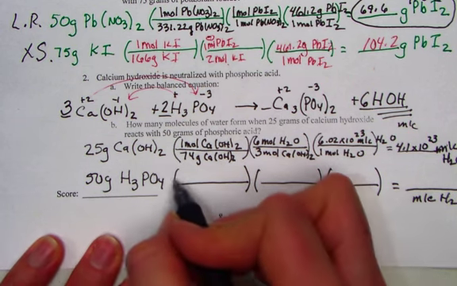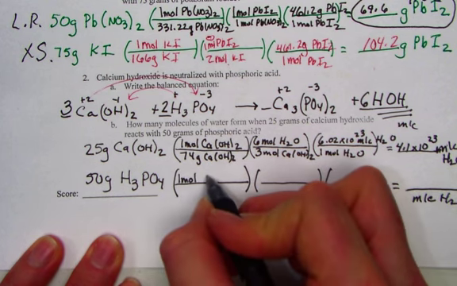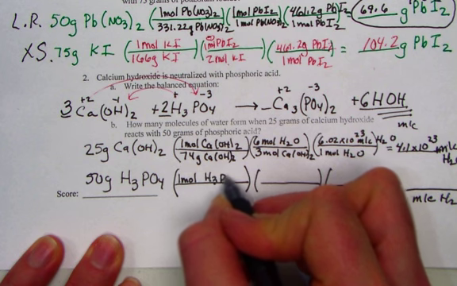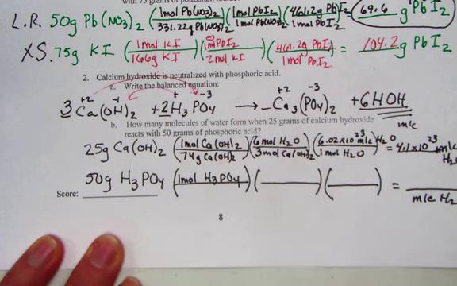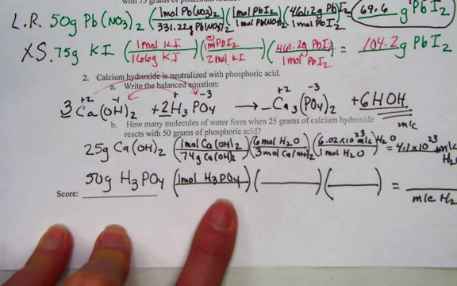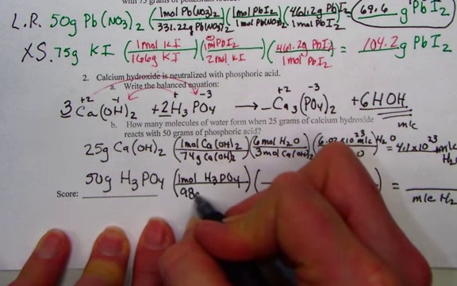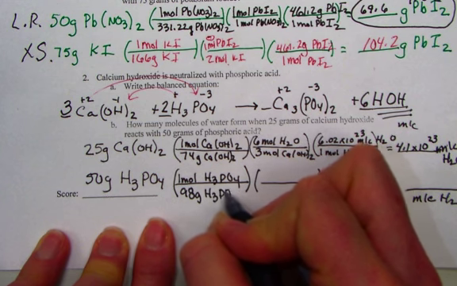In the second problem, it's the same target. We still want to know the molecules of water, but now we're starting with the second reactant, the phosphoric acid. We'll add its molar mass to place in the first conversion, 3 from the hydrogen, plus 31 from the phosphorus, plus 16 times 4 gives us 98 grams for the molar mass of H3PO4.